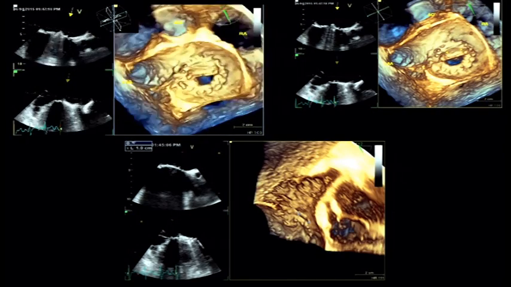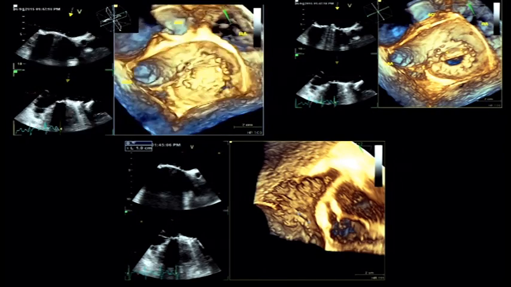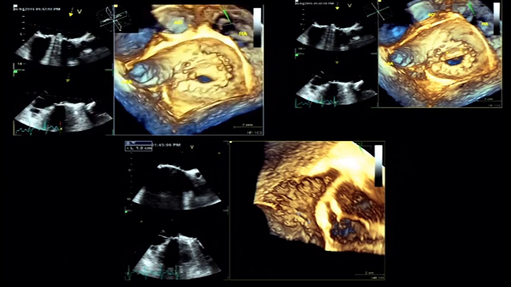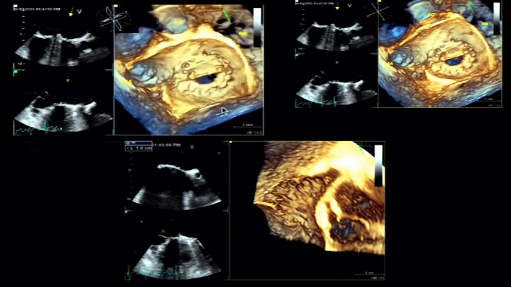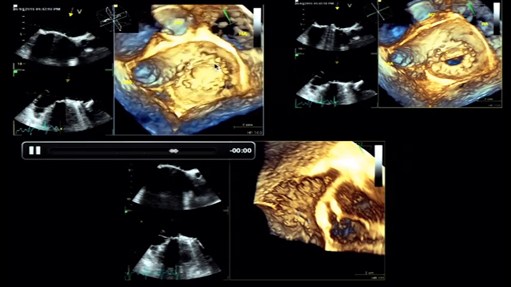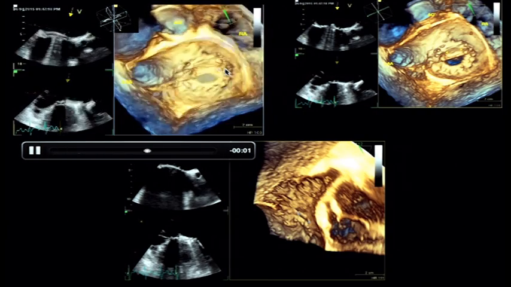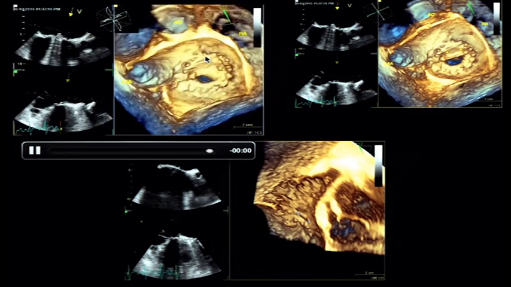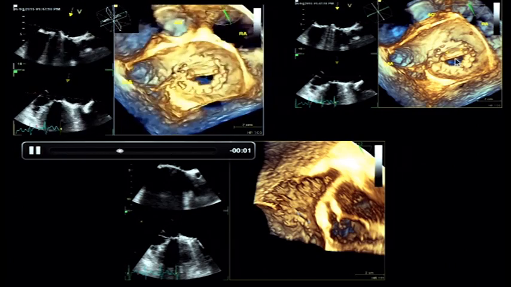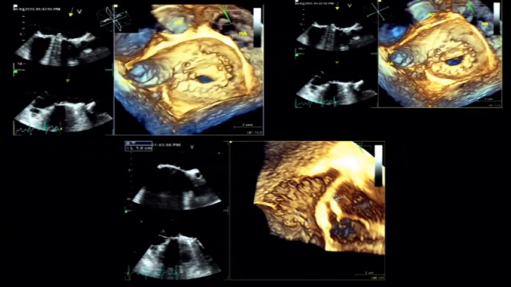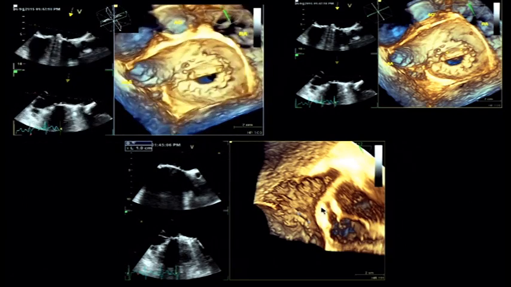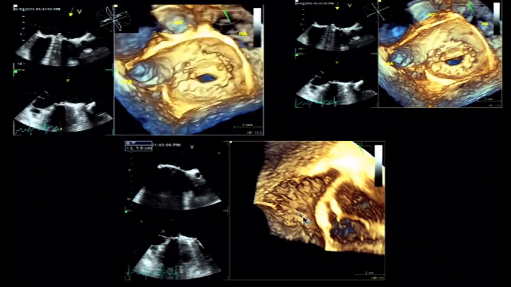And when you put in 3D TEE, it gives you some additional value to what you're actually seeing. So here you can see that one disc is totally stuck, not moving at all here, and you find that there are small chunks of the thrombus which are extending in a patchy way here. And then you can find that on slight moving of the data set, what looked like a small paravalvular leak here.